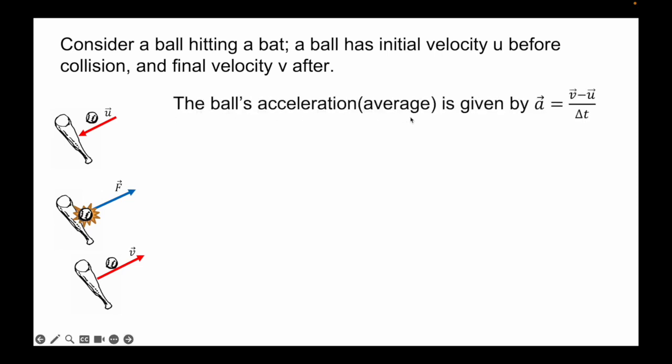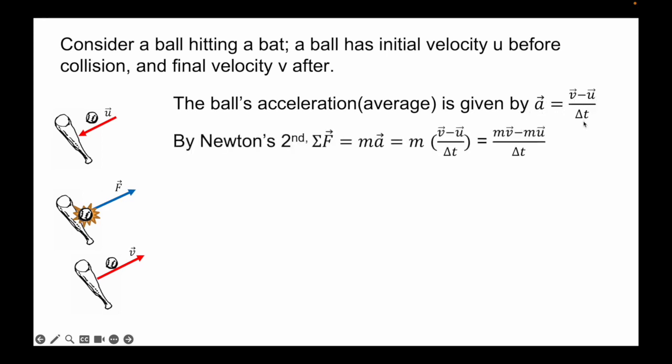So the ball's average acceleration is given by the final minus the initial over time. With Newton's second law, F net is equal to ma, we can say our acceleration is our final minus initial on time. So then we end up with a final equation of mass times final velocity minus mass times initial velocity on time.